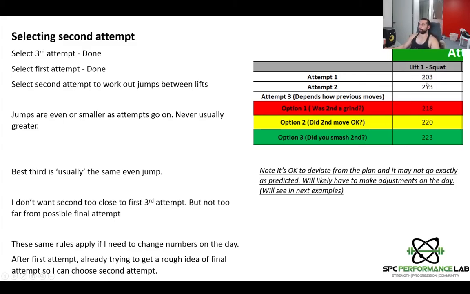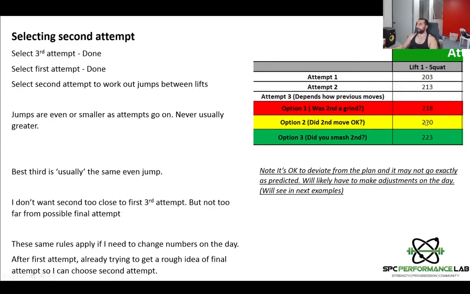Because of that, to make even jumps, this is when I'm going to play around with my second attempt. Generally, the best attempt is going to have the same gap jump. So this was a 10 kilo jump between first and second attempt, so in the absolute best case scenario on the day, we're going to have a 10 kilo jump between the second and the third attempt, okay? Between the second and option 2, that's a 7 kilo increase.